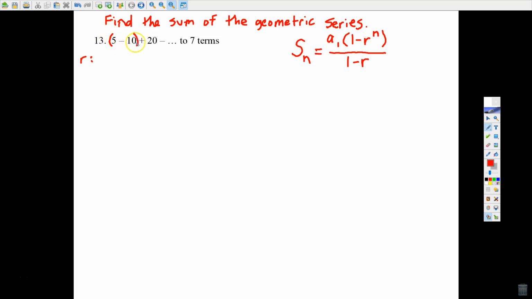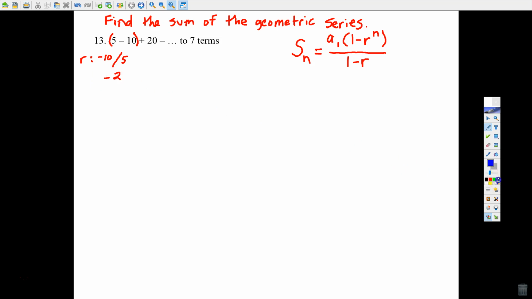Within this set of red parentheses that I've drawn, you always want to do the second term divided by the previous term, the term in front of it. So if you want to know what R is, do this little division. R means ratio, and that's what we've made here. We made a ratio of the second term in this couple divided by the one in front of it, so that means R has to be -2.